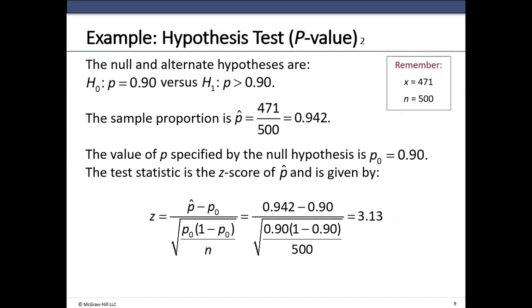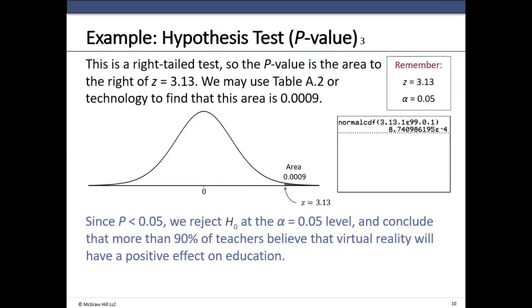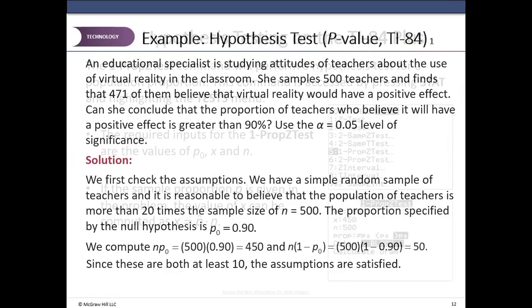Again, I get the same test statistic, 3.13, and the p-value is 0.0008, which is less than alpha equal to 0.05. So reject H0 decision and conclusion at alpha equal to 0.05. There is enough evidence to support the alternate that P greater than 0.9.